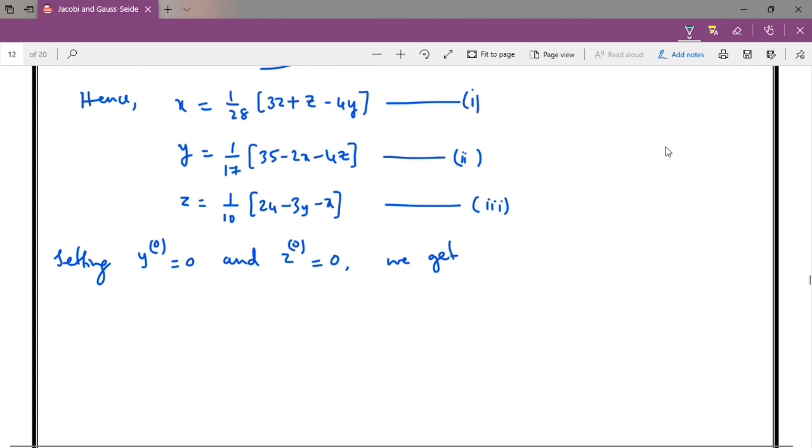So we are going to solve the first iteration. See, in the Gauss-Seidel method, we take only y and z as zeros while calculating the first iteration.